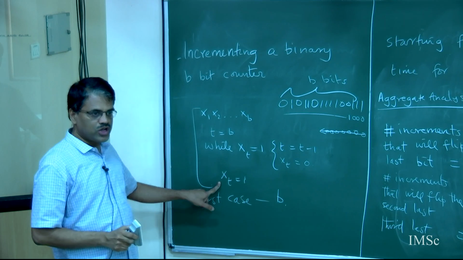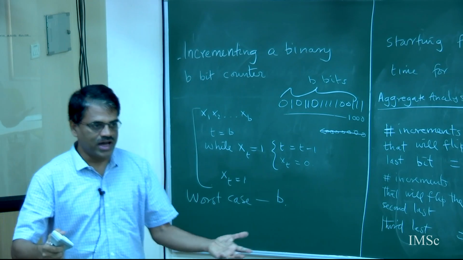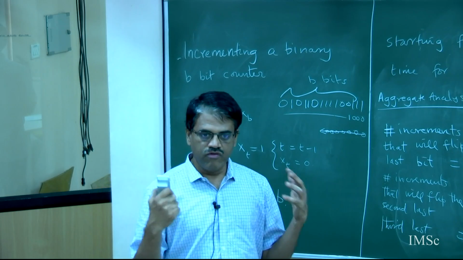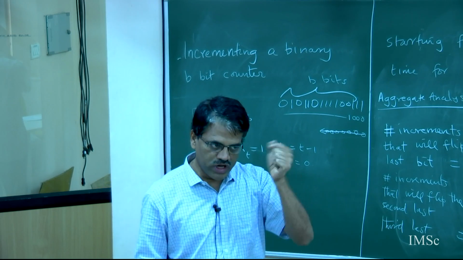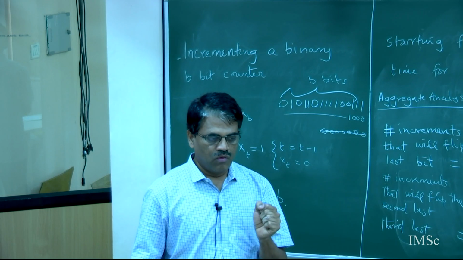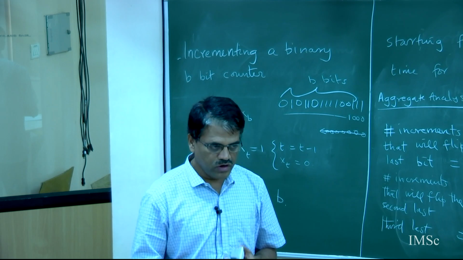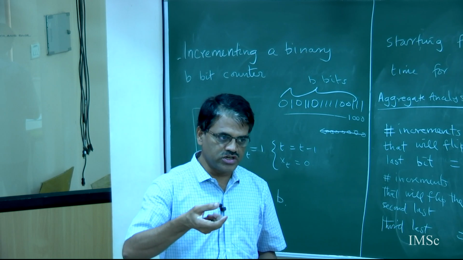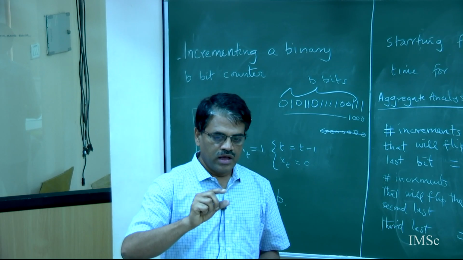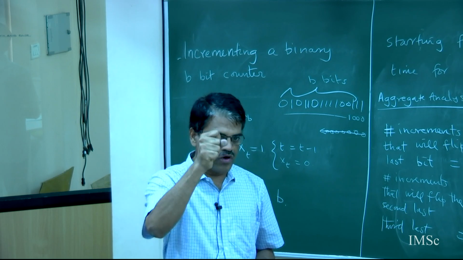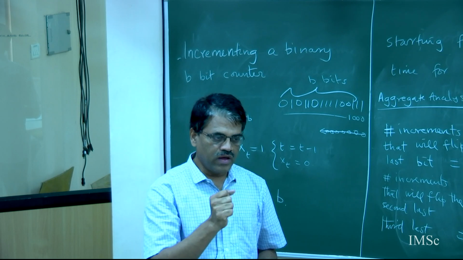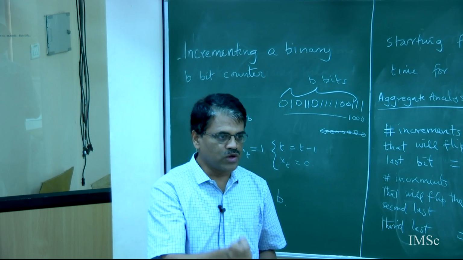Okay, so now here is my charging argument, right? Every increment operation comes with 2 units. So what you do is, if you change your 0 to 1, pay for it from your charge, and keep an extra charge on the 1.